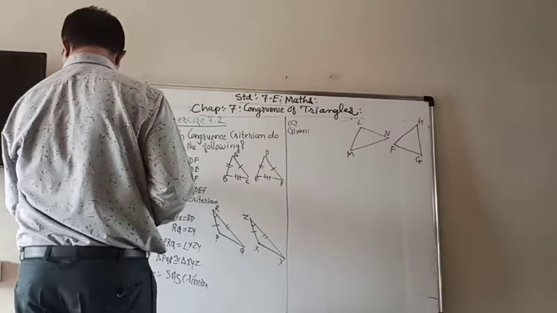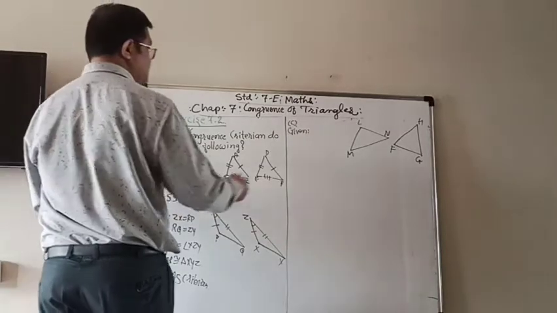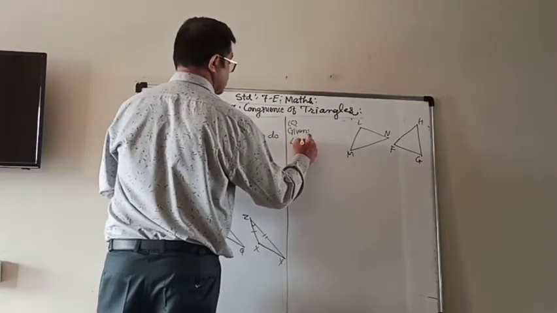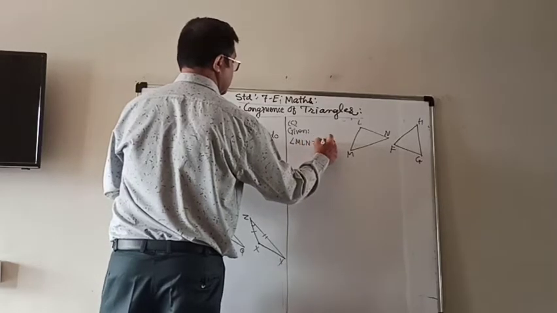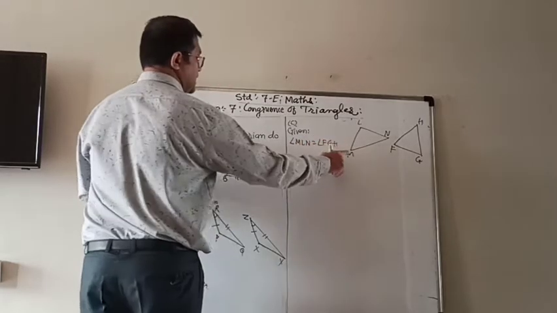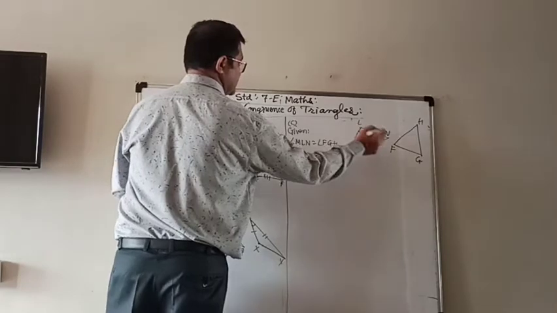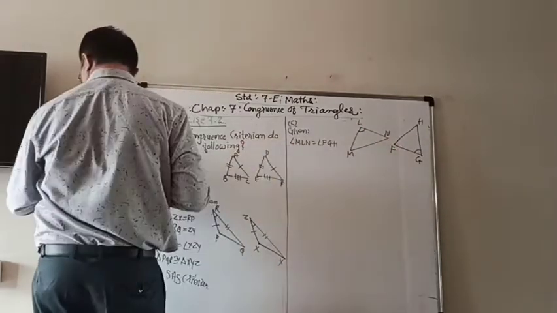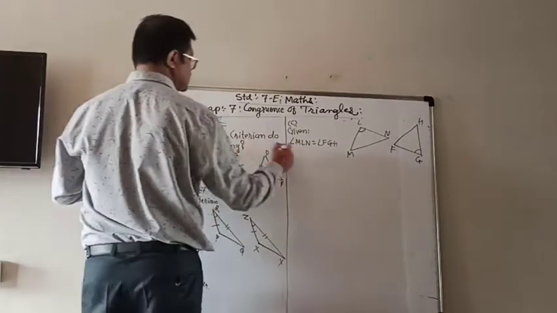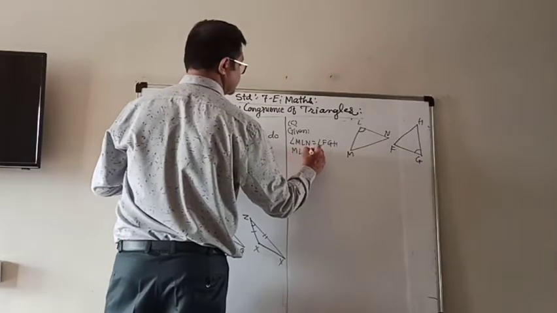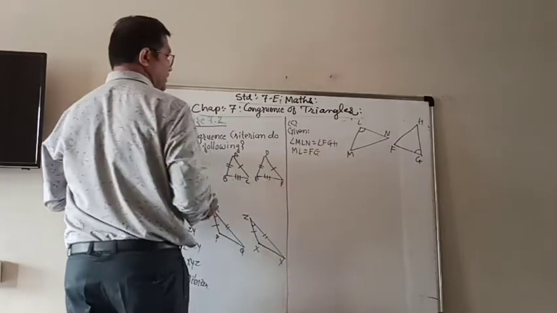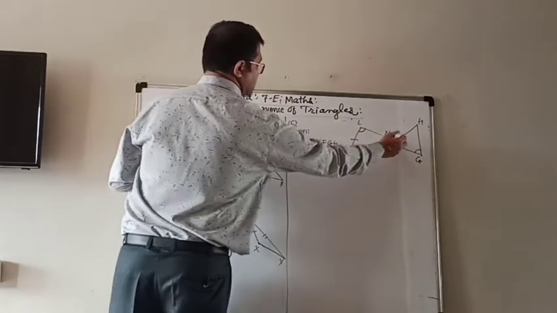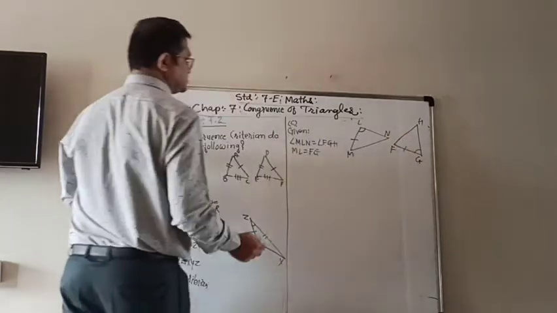Given that angle MLN is equal to angle FGH. MLN, FGH. So this angle. What next is given? ML is equal to FG. So this angular side and this side.